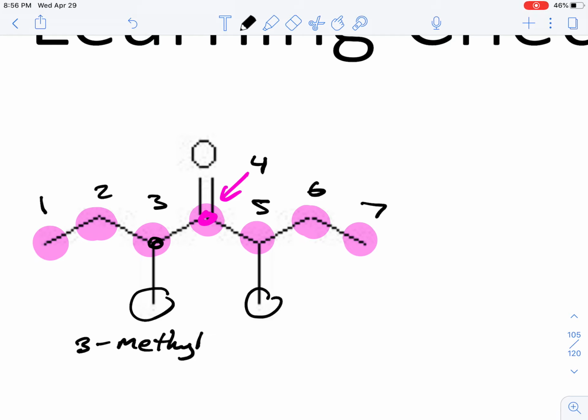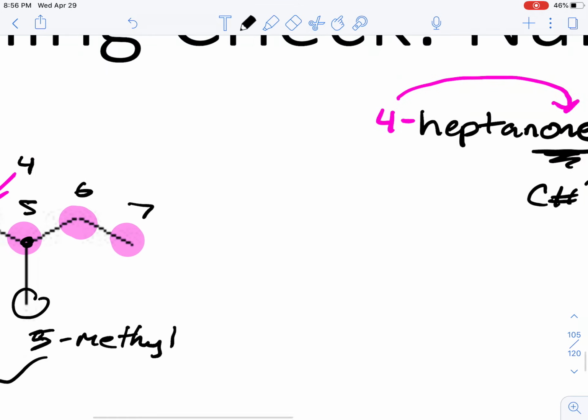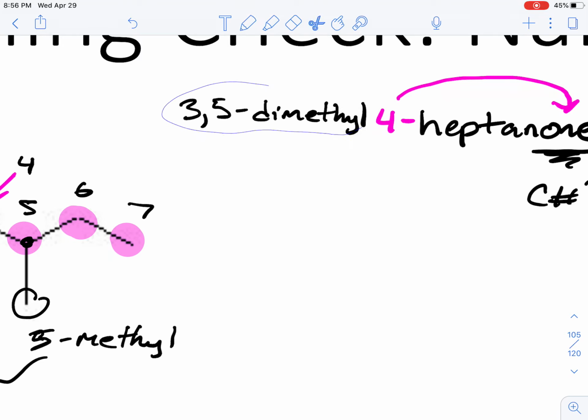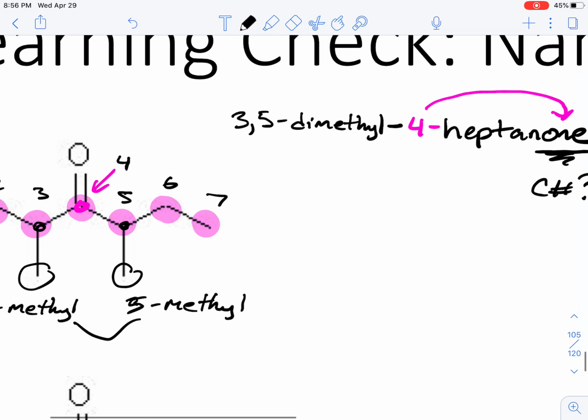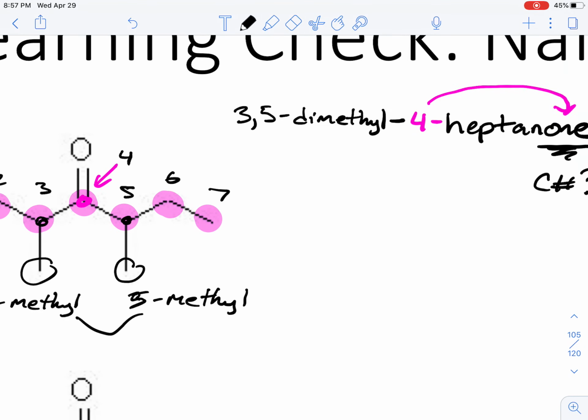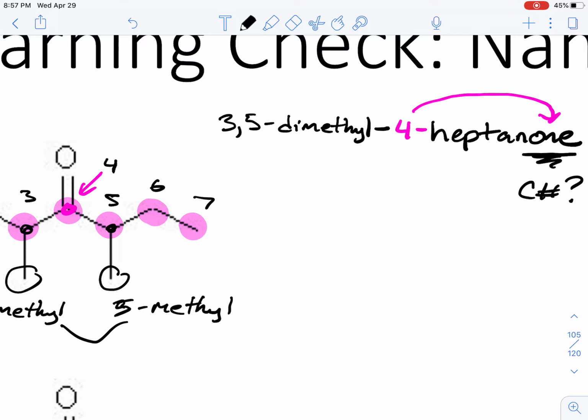And I have another methyl on the 5th carbon, so I'm going to say 5-methyl. So when you put these two together, you get 3,5-dimethyl. And since I'm going from a letter to a number, I need to put a dash. Okay. And that would be the name of my compound.